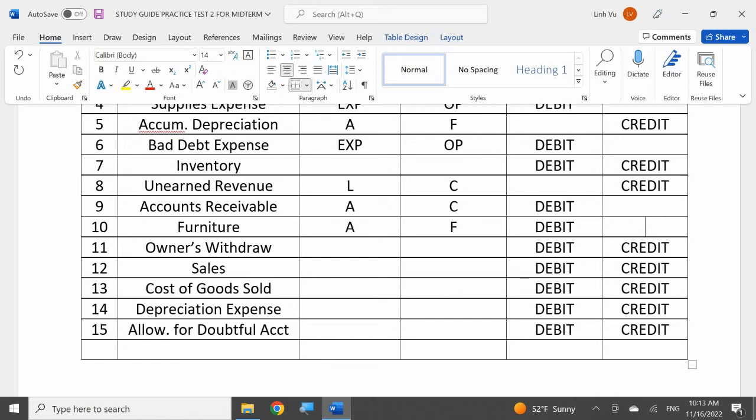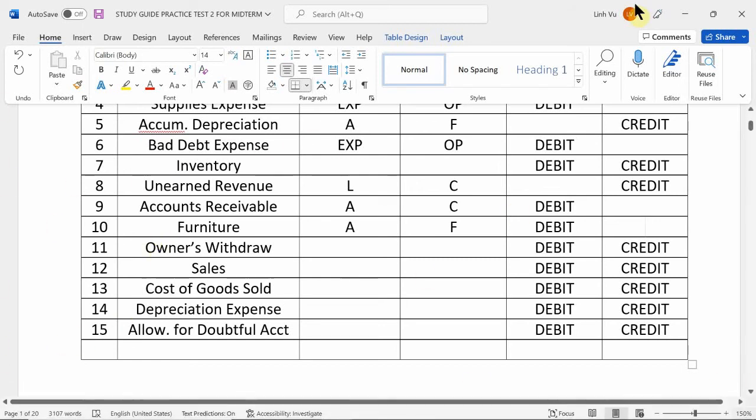All right? Owner's withdrawal. It's where you take money away from the company, right?